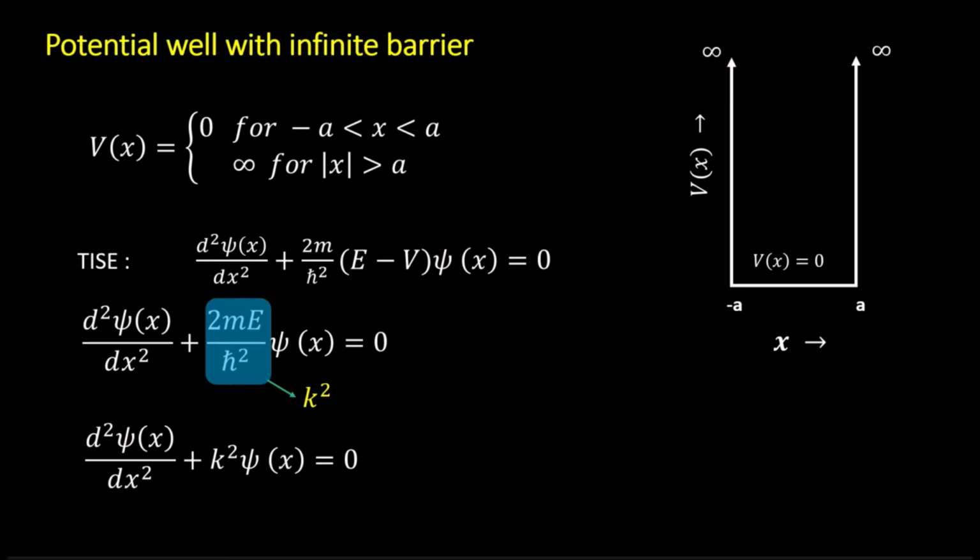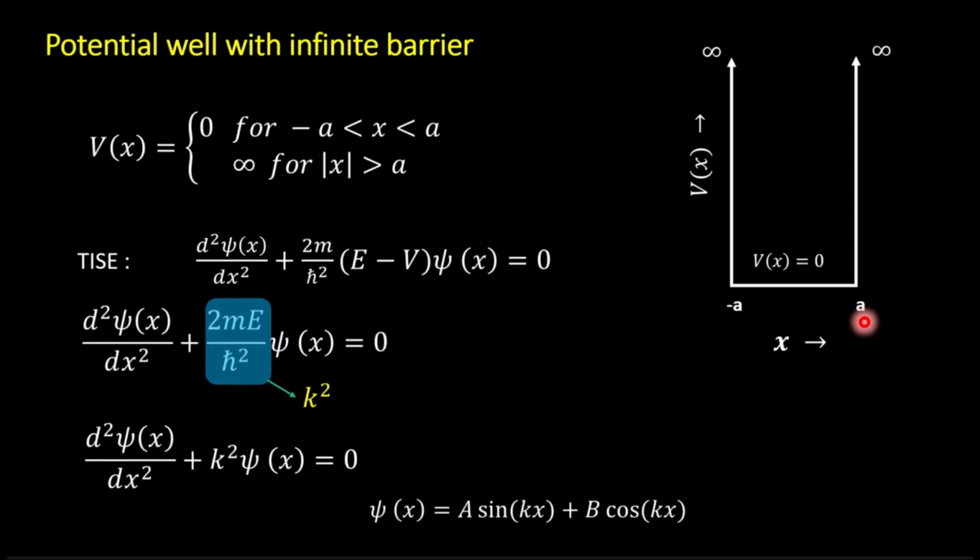The general solution to this second order differential equation is A sin kx plus B cos kx, where A and B are some constants which can be determined from the boundary conditions. Here we have two boundaries, one at x equal to minus a and the second one at x equal to plus a.